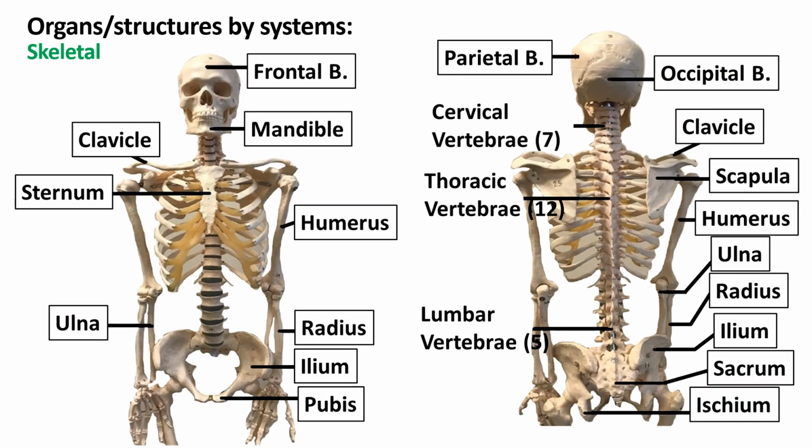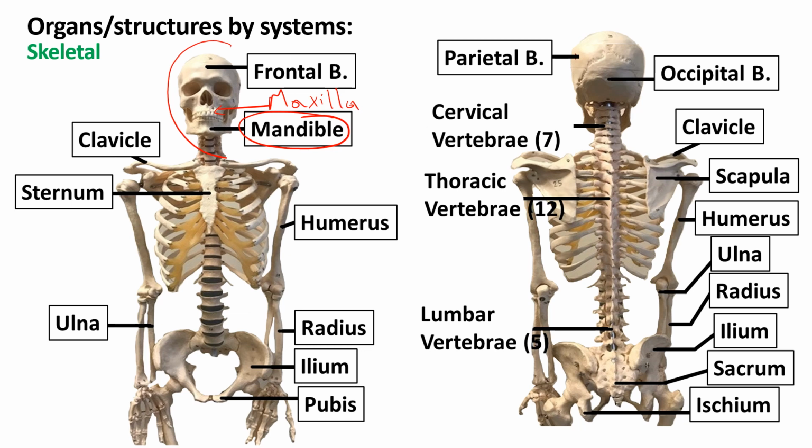This is another view. This is another model. Now this looks more like the real bones. And we have here a few bones in the head that you need to know. The lower jaw is called the mandible, and the upper jaw is called the maxilla.